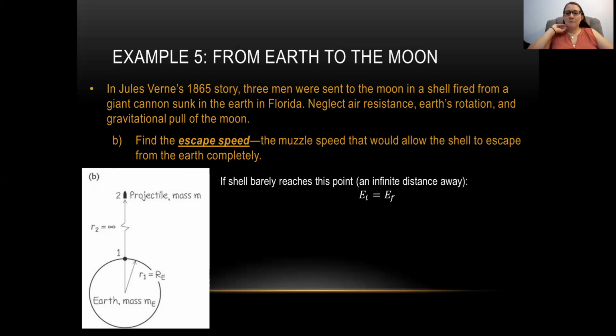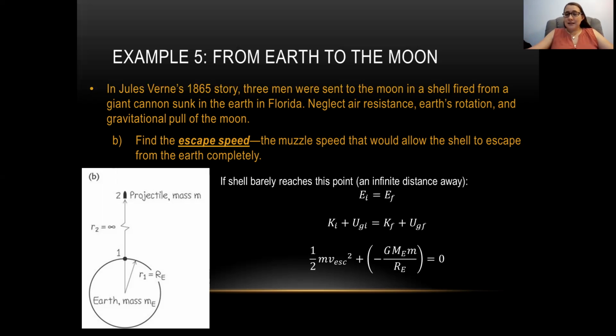So if the shell barely reaches this point, because we want it to slow down and stop at this infinite point, we still have conservation of energy. So we still have initial kinetic energy plus initial gravitational potential energy equals final kinetic plus final potential. Okay.